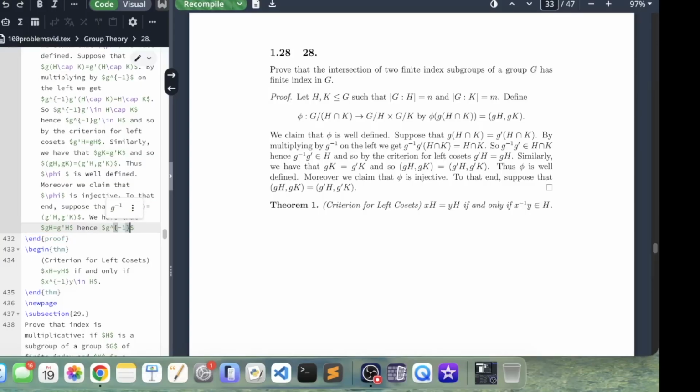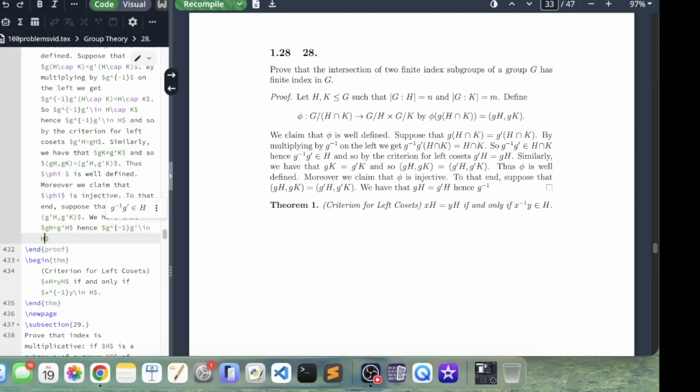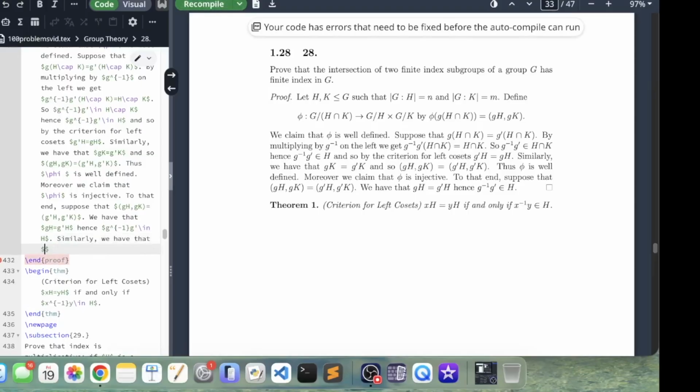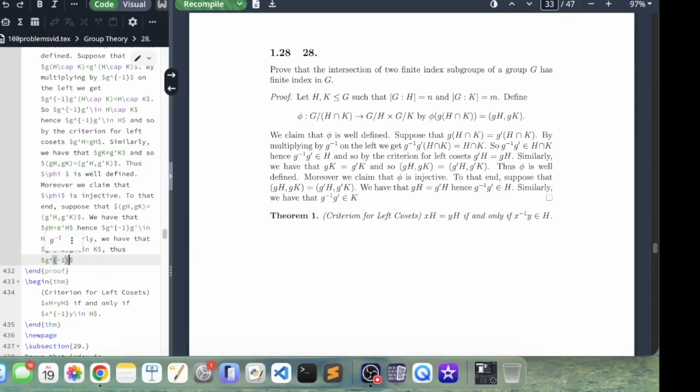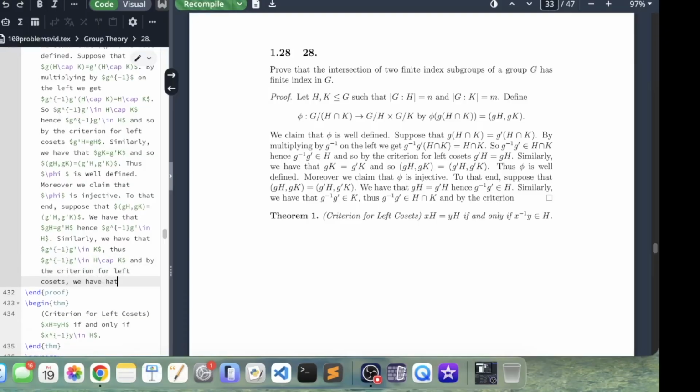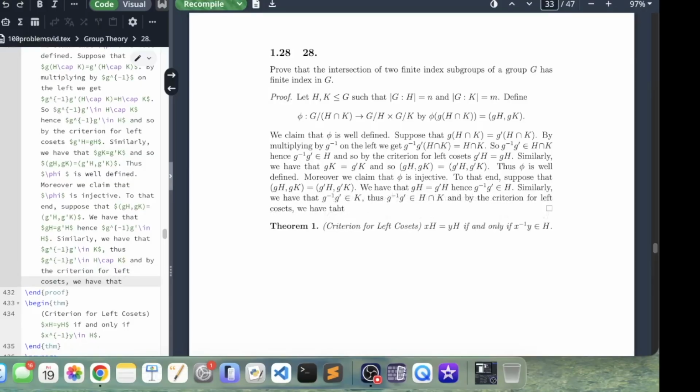Multiply on the left by G inverse, we get G inverse G prime is in H. And similarly, we can do the same thing with K. Similarly, we have that G inverse G prime is in K. Thus, G inverse G prime is in H intersect K. And by the criterion for left cosets, we have pretty much exactly what we want: G times H intersect K is equal to G prime times H intersect K. Therefore, we have that phi is injective.